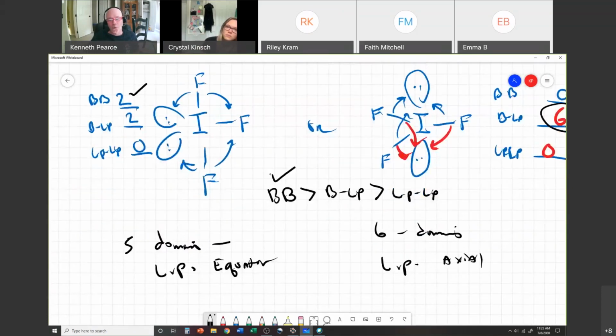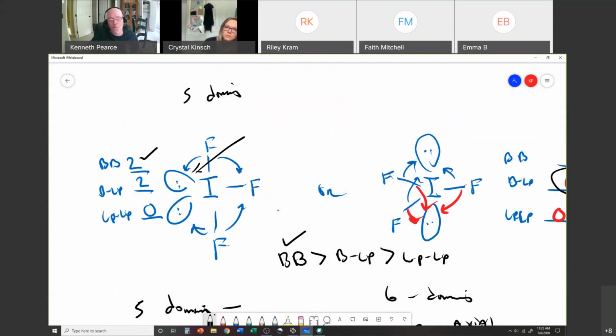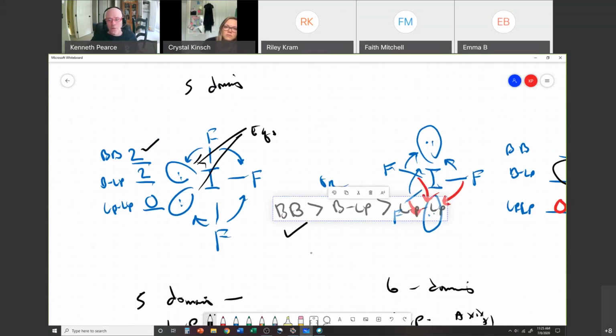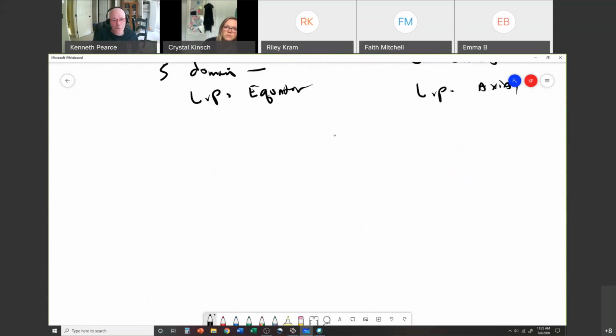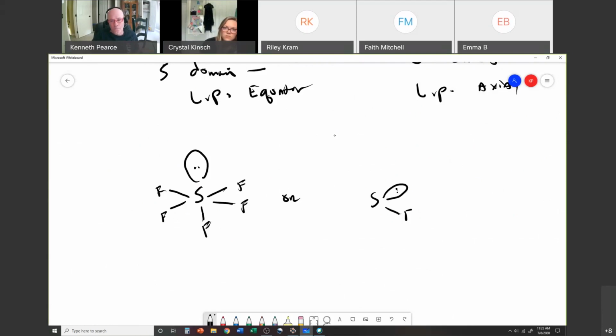What do we say down here? Equatorial. Where are these guys? Equatorial. You see? They're equatorial. So if I have something like this, and we have a choice like this, these are 2 different structures.